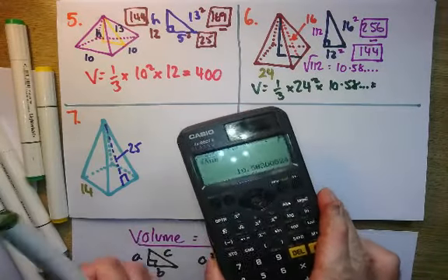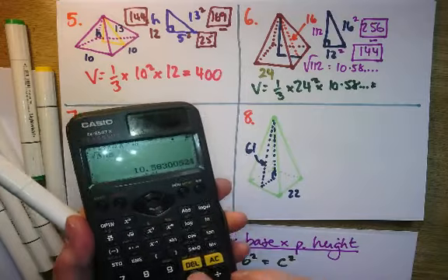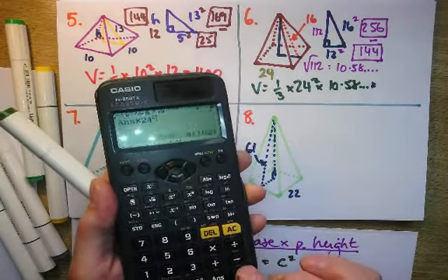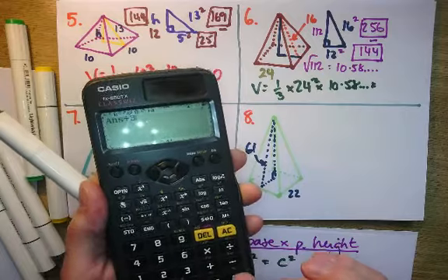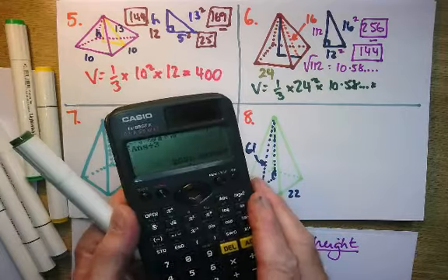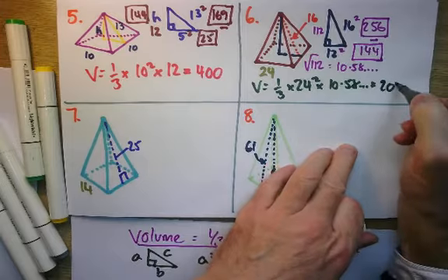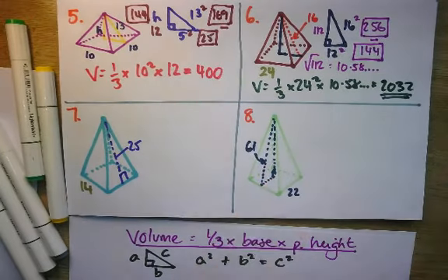And if you left it in your calculator without rounding, I'm simply going to say times 24 squared equals, and then divide by 3. And I get 2032 if I leave it as an integer, a whole value.